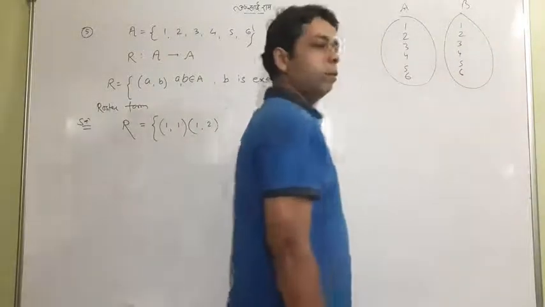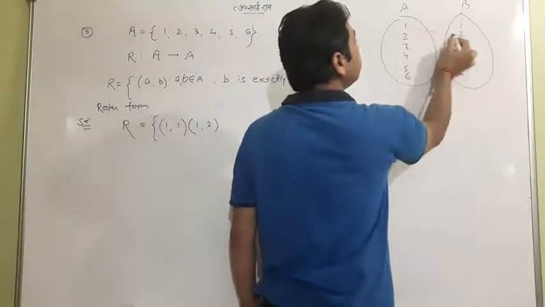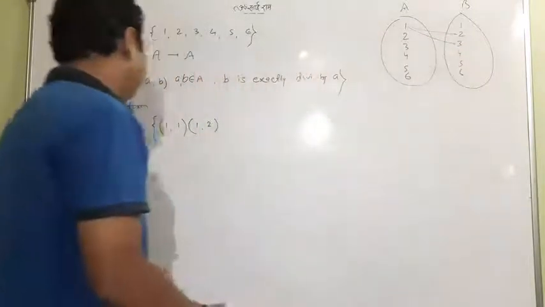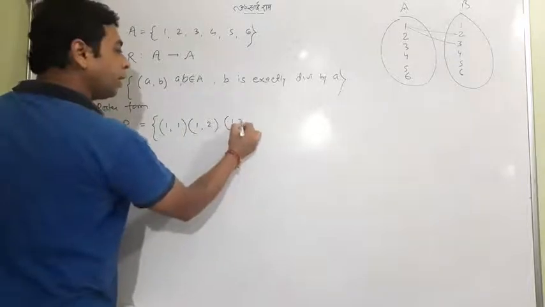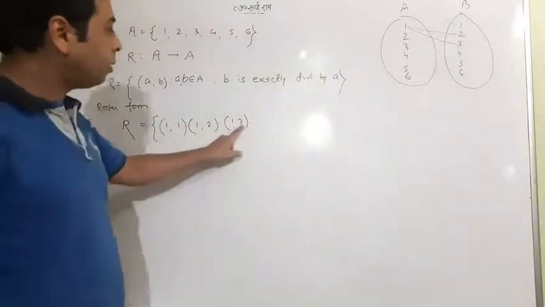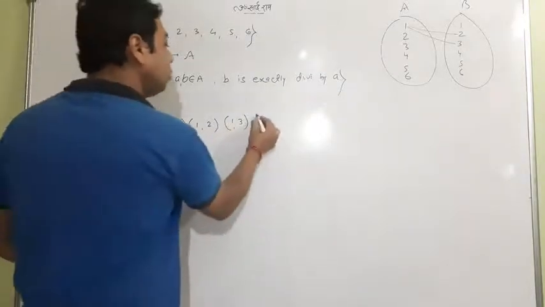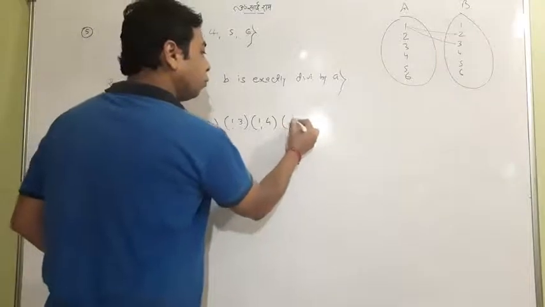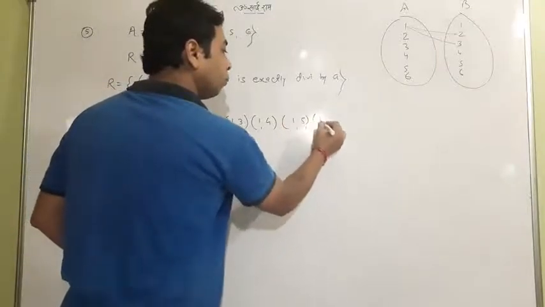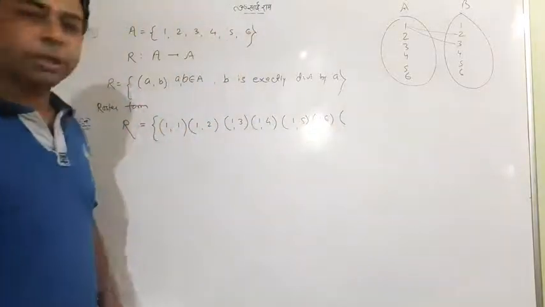And I'm just pairing 1 with 1, 1 with 2, 1 with 3. Why? Because it all fulfills the condition: B is exactly divisible by A, the second element is perfectly divisible by the first element. So I'll write till (1, 3), (1, 4), (1, 5), (1, 6), and now 1 is completed.